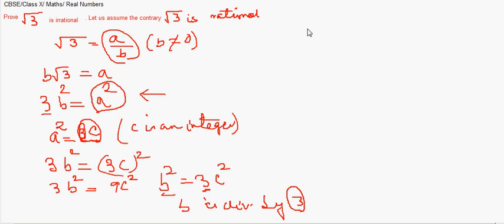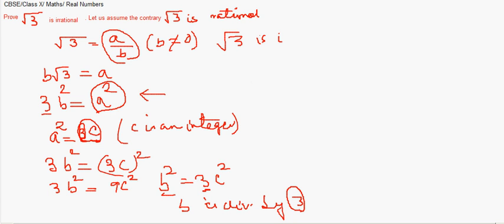But now we have proved that assumption wrong. So this contradicts the assumption that root 3 is a rational number. Therefore, it proves that root 3 is irrational. Whatever I narrated as an explanation can also be written to support your answer.